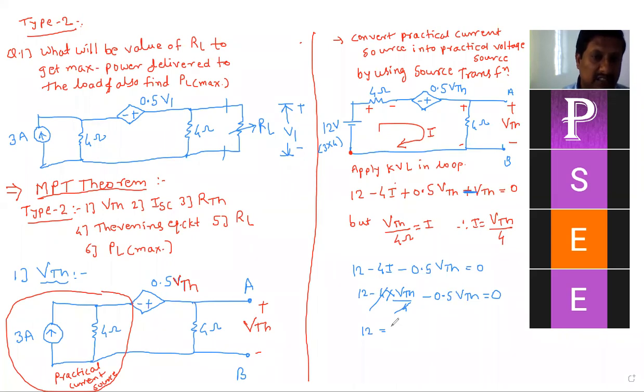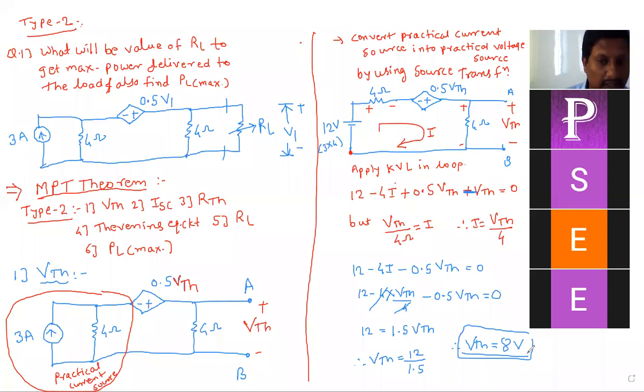That will give minus 1.5 VTH, which goes to the right hand side and becomes plus 1.5 VTH. Therefore, VTH is equal to 12 divided by 1.5. So the answer will be 8 volt.